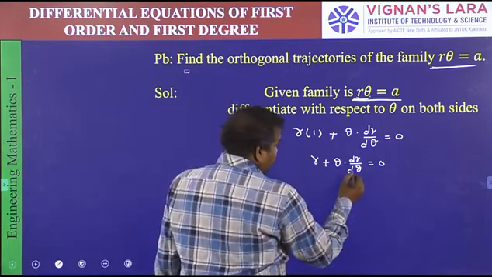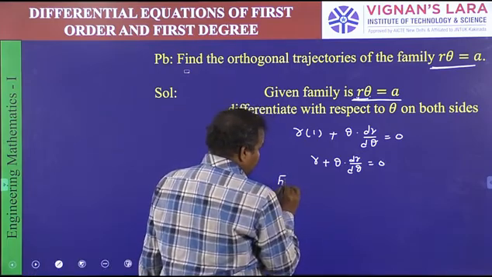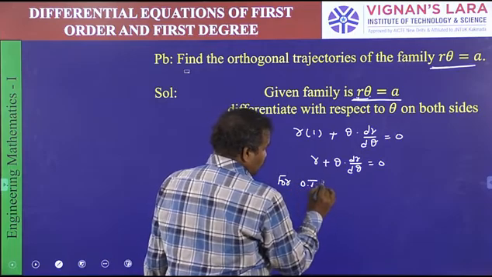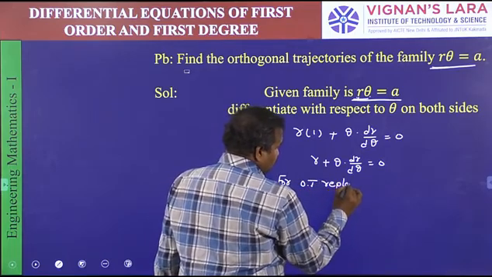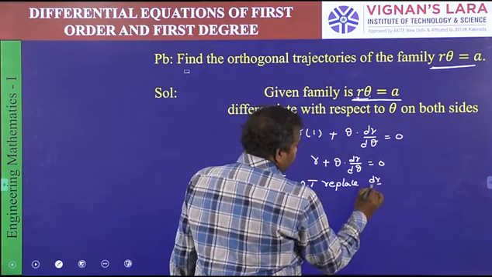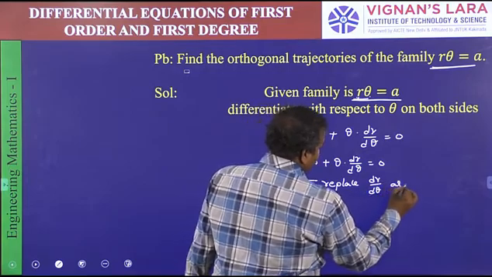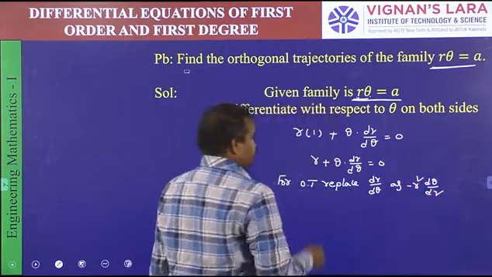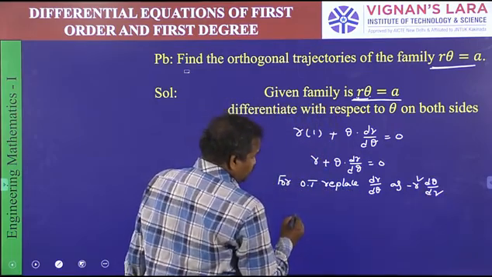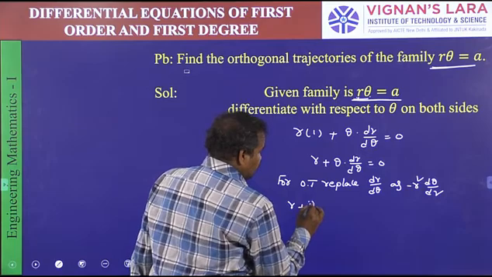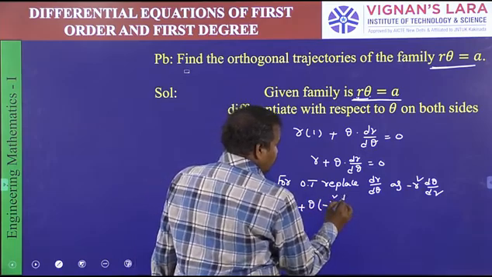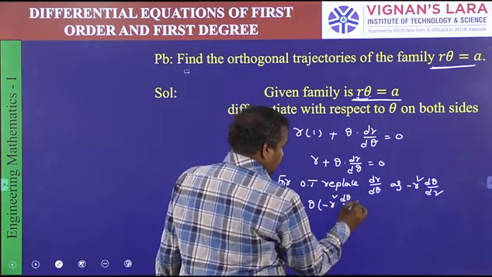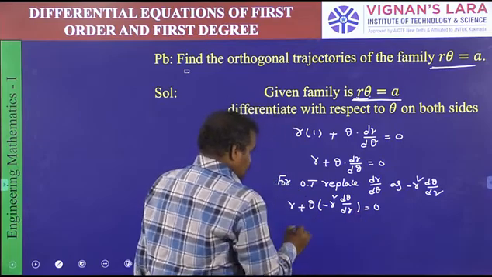So first step completed. In the second step, for orthogonal trajectories, replace dr by d theta with minus r square d theta by dr. So this equation is r plus theta into minus r square d theta by dr is equal to 0.